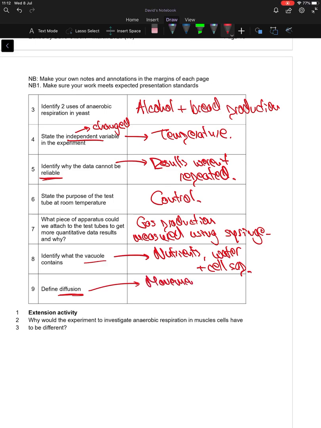The movement of molecules from high to low concentration via a partially permeable membrane. So a membrane with lots of holes in it. So for example, oxygen moving through the alveoli into the blood and being carried around the body. So make sure you obviously watch those videos because that makes the context of this lesson a bit easier to understand. Otherwise, that is lesson 6.